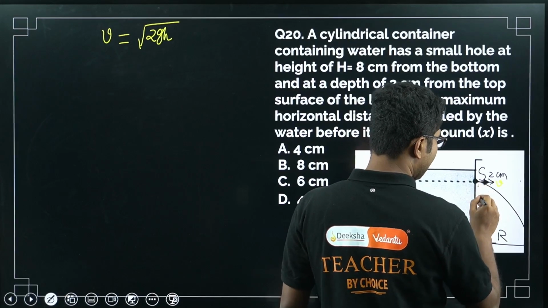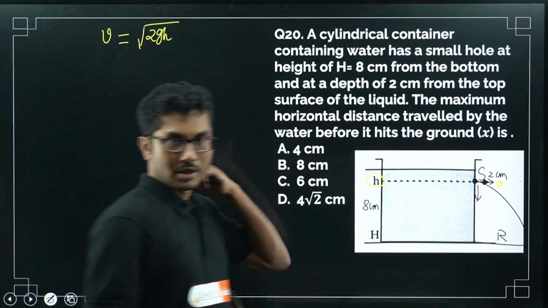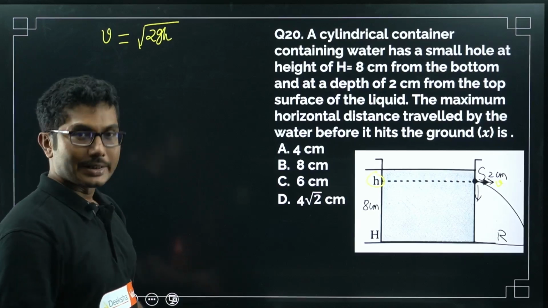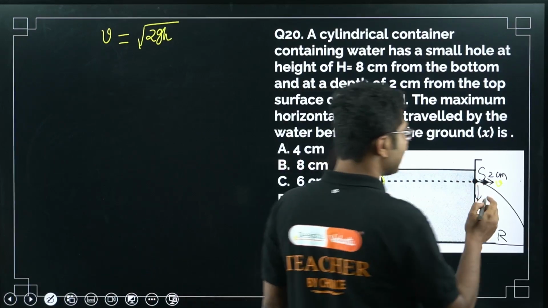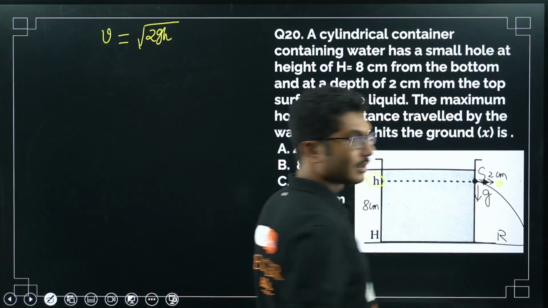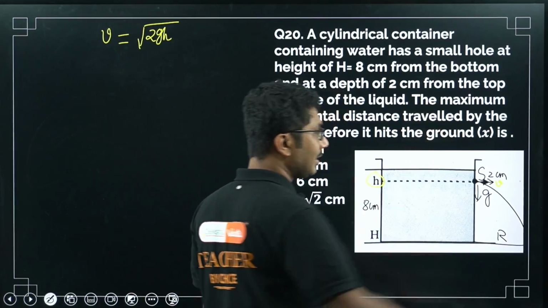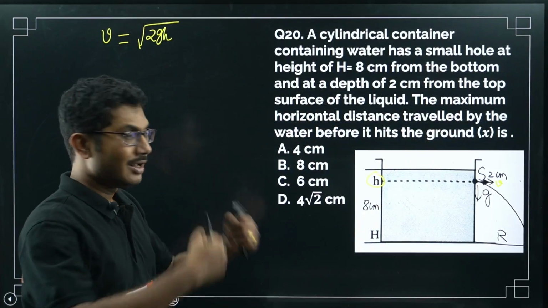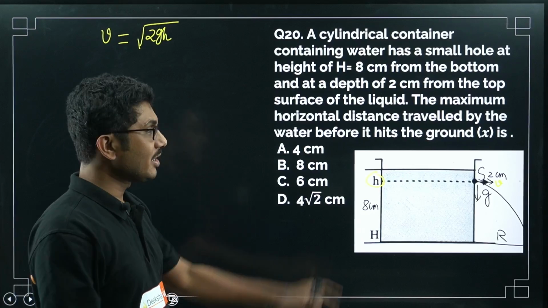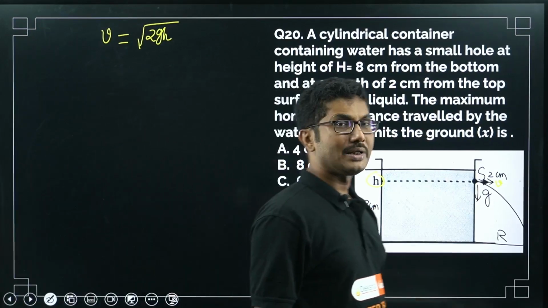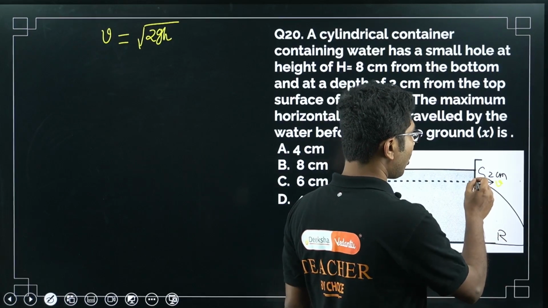So what is happening in the vertical direction? In the vertical direction, initially there is no velocity, but there is an acceleration, just like projectile motion. The water is attracted towards the ground. So we have to calculate how much time it will take for this water drop to reach the ground.